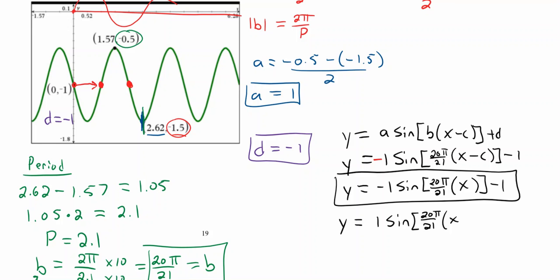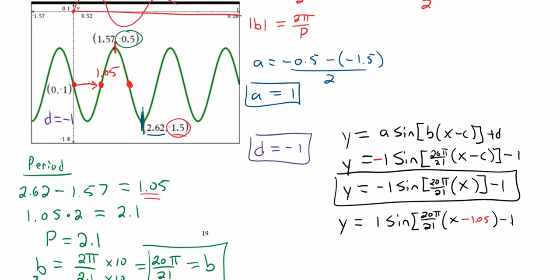That would be the same distance as from here to here: 2.62 minus 1.57, which I already did. That was 1.05. So this thing moved to the right 1.05. If it's moving to the right, that's a horizontal translation to the right, and the way we put that in is minus 1.05, because that's moving to the right. So minus 1.05.